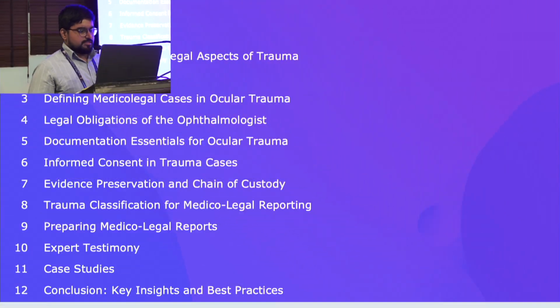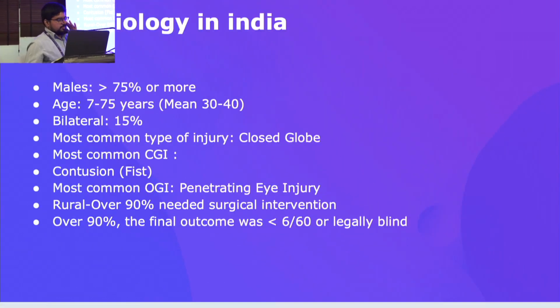So, the medico-legal aspects of trauma is definitely important. This is a brief outline of the presentation. In a paper regarding these medico-legal aspects, in an epidemiology, I saw that more than 75% of those affected were males, and the age was 7 to 75 years.